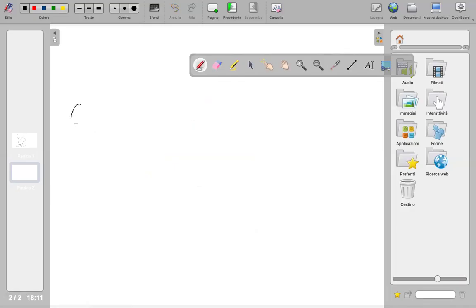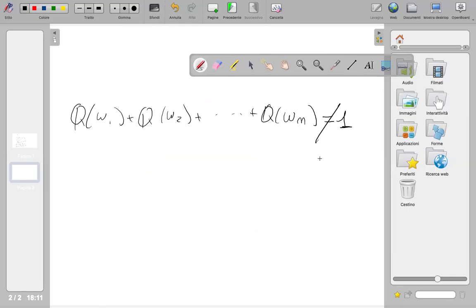Well, simply because the sum Q of omega 1 plus Q of omega 2 plus ... plus Q of omega n is not equal to 1. Why is it not equal to 1?